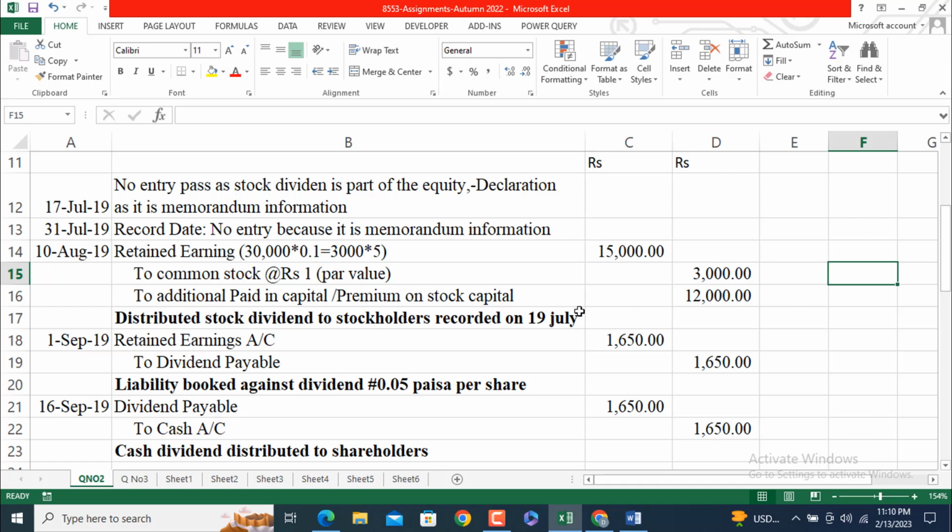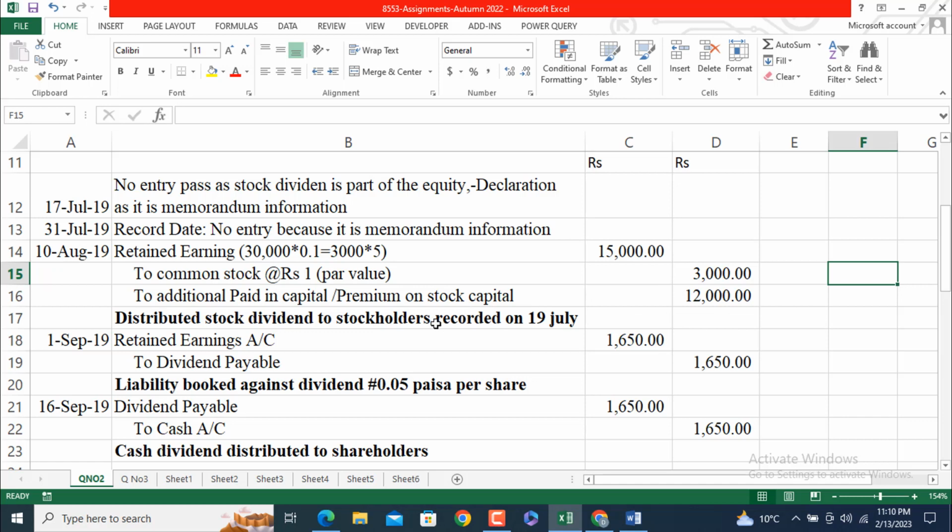If you analyze this transaction, it is clear that retained earnings is reduced by this amount. On the other hand, the two accounts, common stock regarding the ordinary shares with par value, is increased by 3,000, and the paid in capital or premium on capital stock is also increased by 12,000.